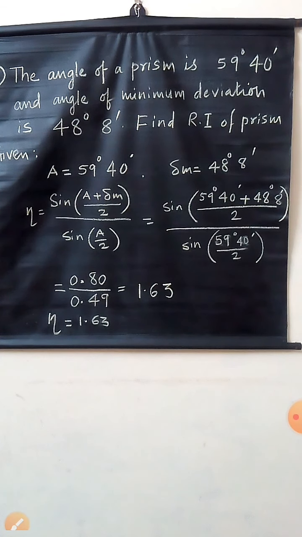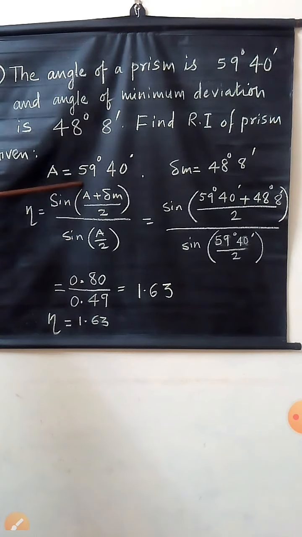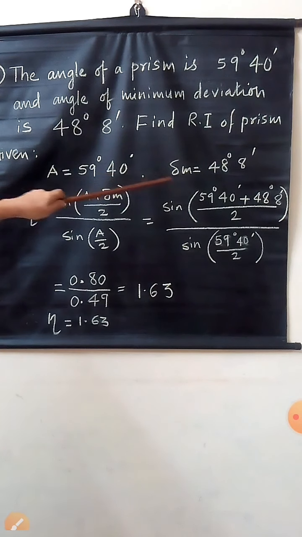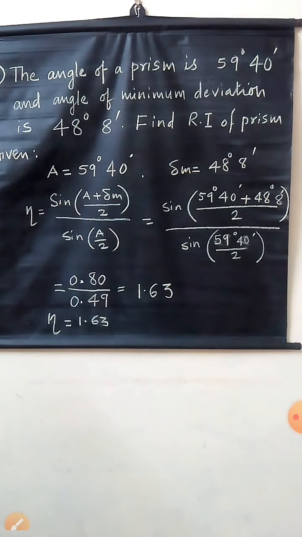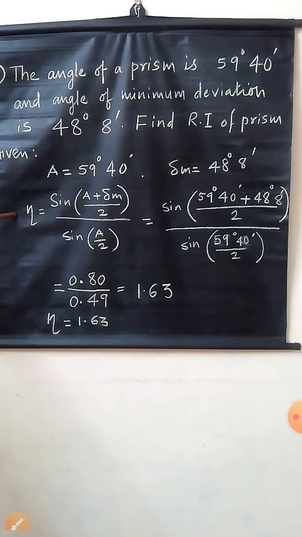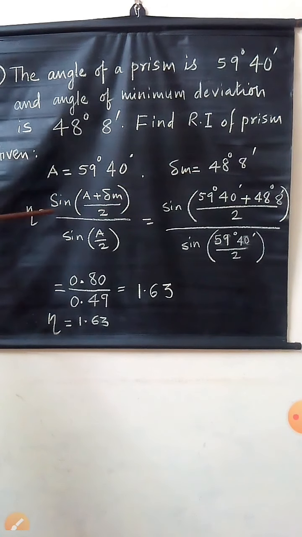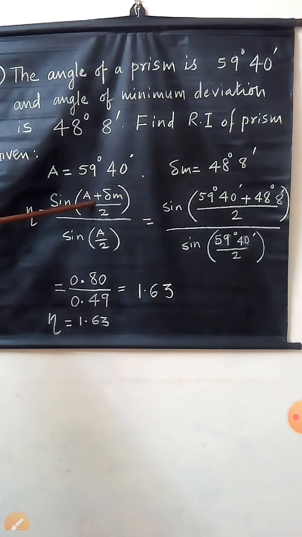First, write down the given data. Angle A of the prism is given as 59 degree 40 minute and angle of minimum deviation is given as 48 degree 8 minute. Now we know the formula for refractive index of a prism, so write that down. Eta is equal to sine of (A plus delta M) by 2 upon sine of A by 2.